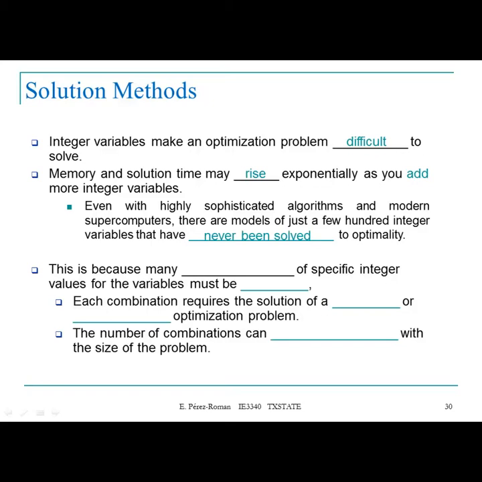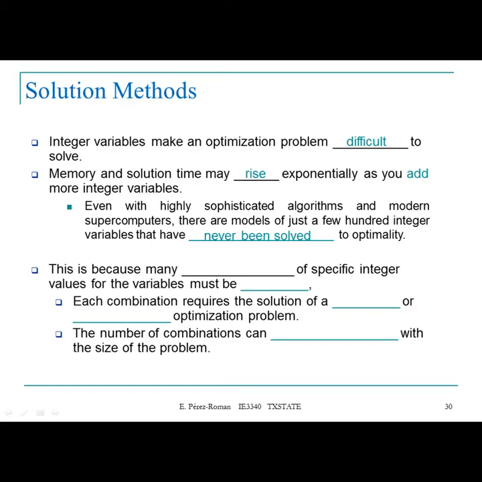Anyone knows about the traveling salesman problem, in which you have to move from one city to another? You want to find the best solution for this person who is traveling from one point to the other. That's a very hard problem to solve. When you increase the size of the problem, when you have more cities, you can get to a point in which you cannot find an optimal solution.